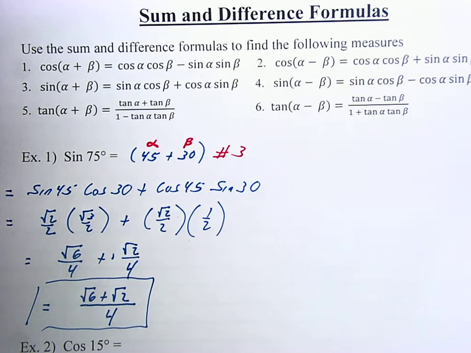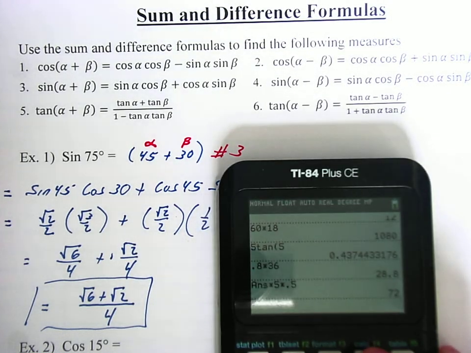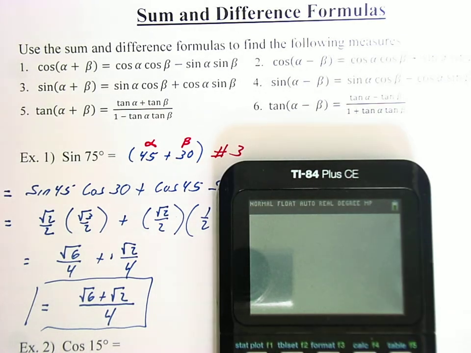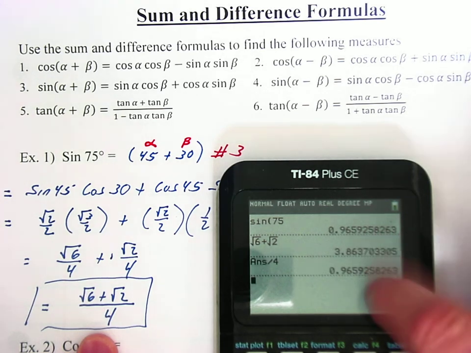And now, if you grab the calculator, you could actually check that. So assuming your calculator is in degree mode, mine's in degree mode already, if I put the sine of 75 in there, I would have gotten that decimal, 0.9 and some change. If I put this answer in there, assuming you put it in right, so that would be square root of 6, arrow over, plus square root of 2, I'll hit equals here, and then hit divided by 4, you're going to notice you get the same exact answer.